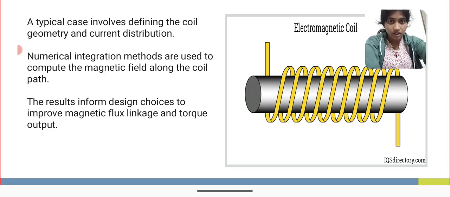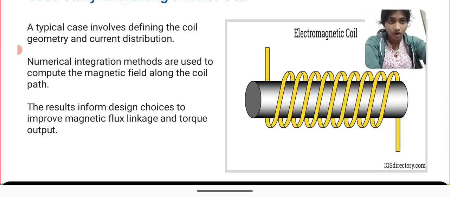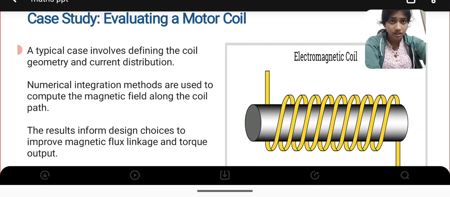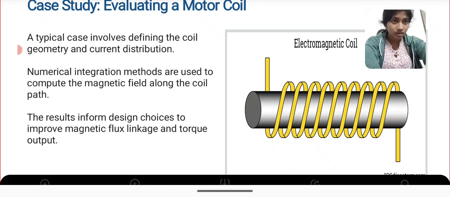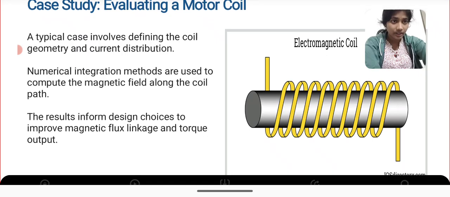The results inform design choices to improve magnetic flux linkage and torque output. This is the relevant image for the case study evaluating a motor coil. Electromagnetic coil.